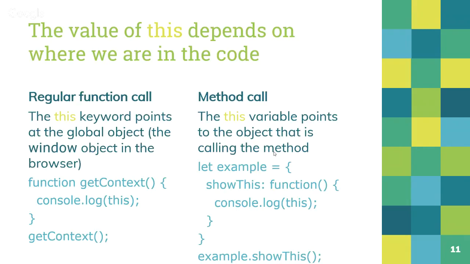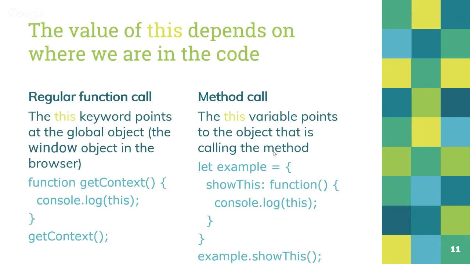If we're running our JavaScript client side, which means that we're in a browser environment, the value is the window object. If we're running JavaScript outside of the browser, the value of this is the global object.